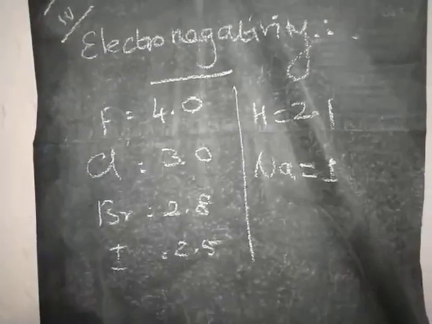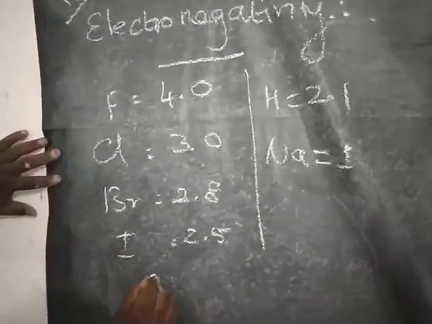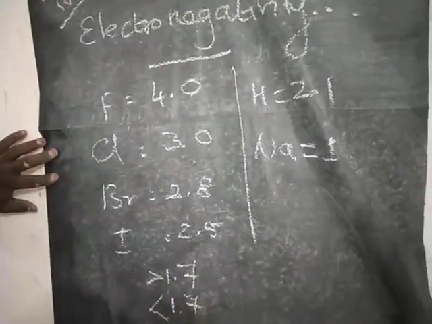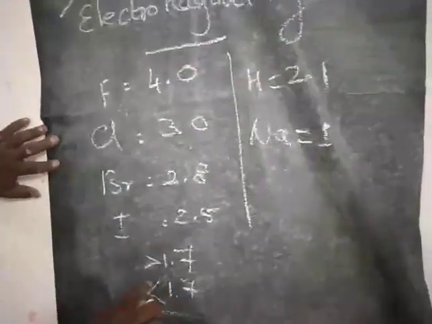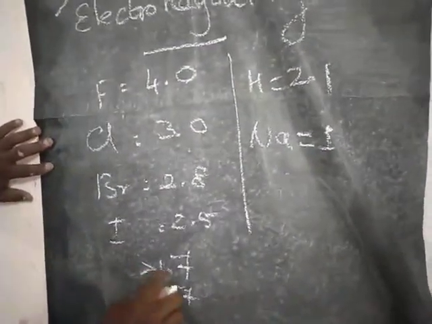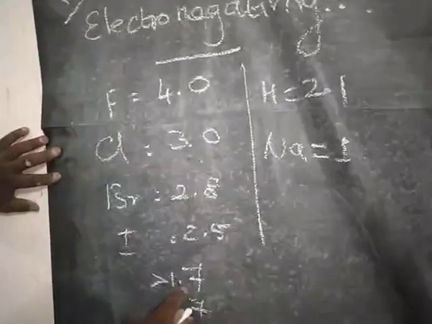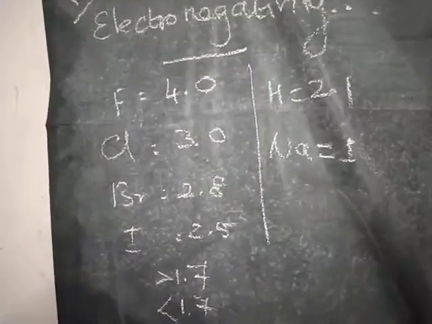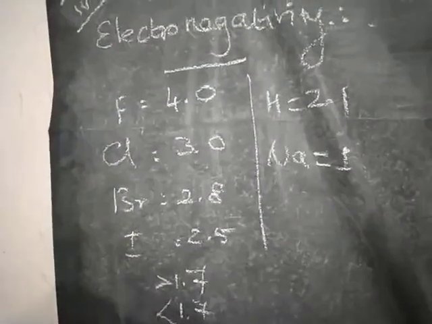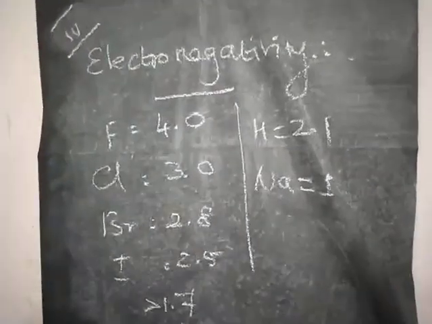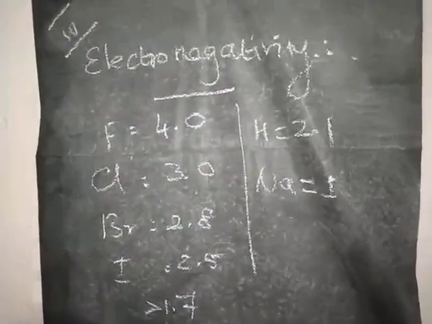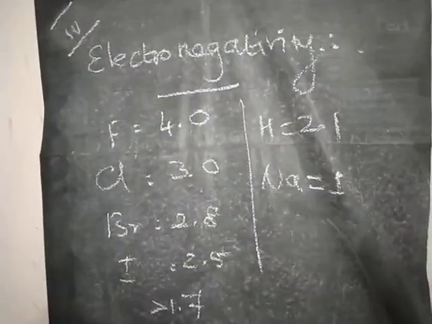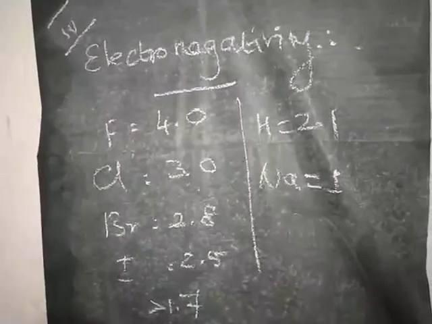If the difference is less than 1.7, the bond is considered to be covalent. If the difference is greater than 1.7, the bond is considered to be ionic.